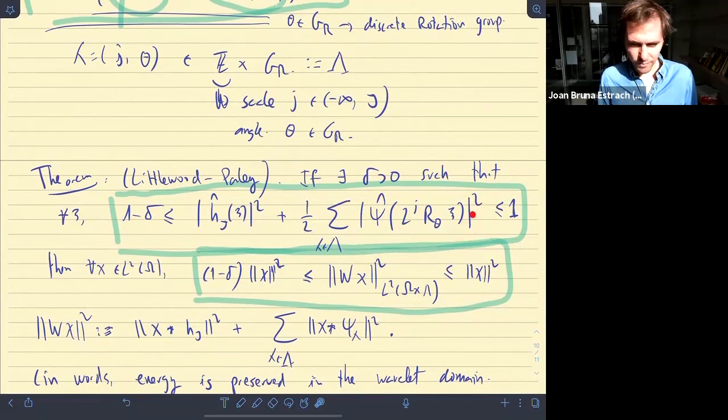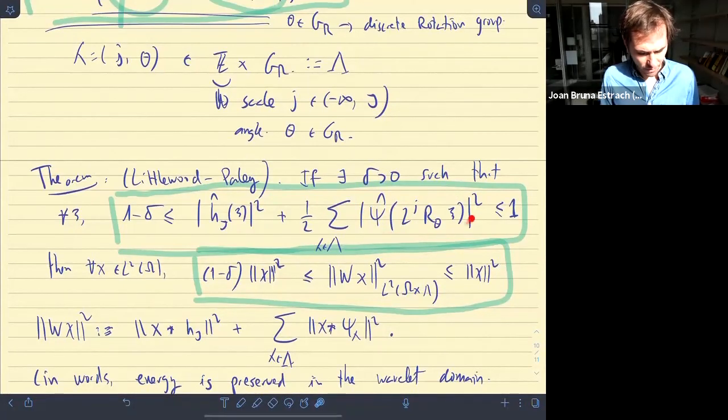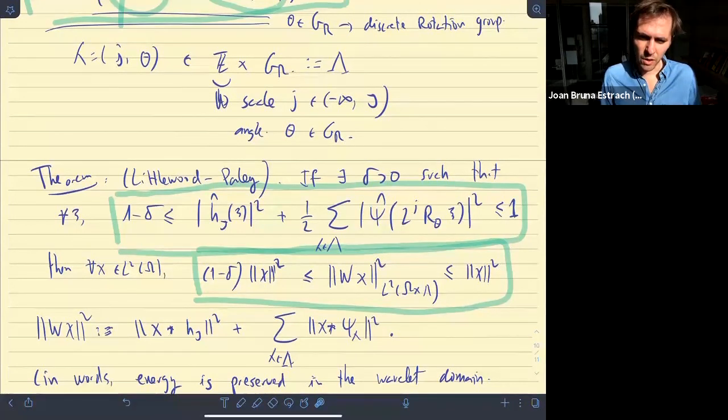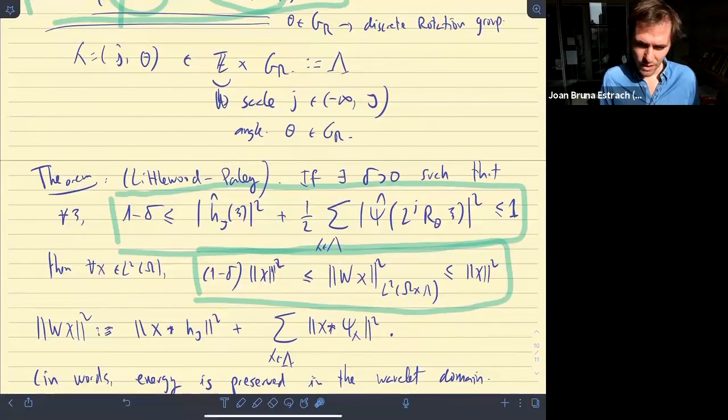all these terms are going to be psi of 0. And because this sum is infinite, if the Fourier transform of the wavelet at 0 was not 0, then this thing would blow up. So you really need a vanishing moment.